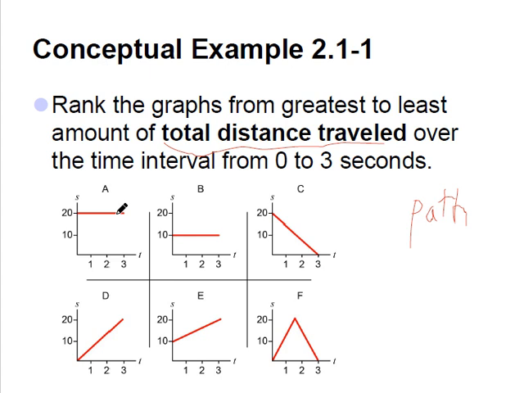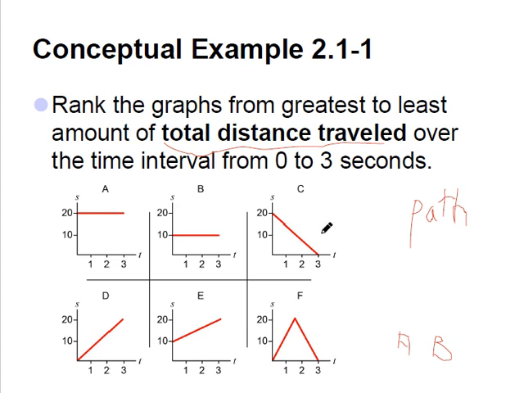So here there is no change in position, so therefore there is no distance traveled, because the particle stays at the same point. Here the same thing, look at that, the particle stays at the same point. So therefore your A and B, we're going to rank at the lowest. The least amount of total distance traveled is these two guys.